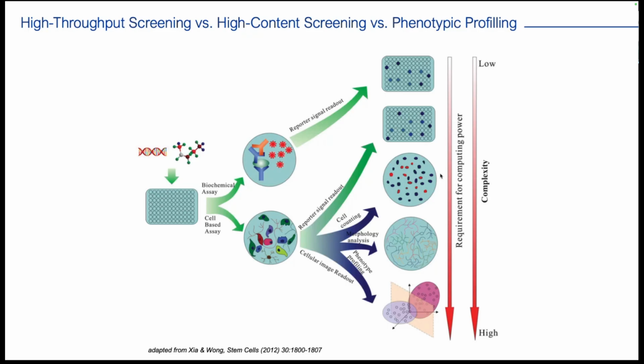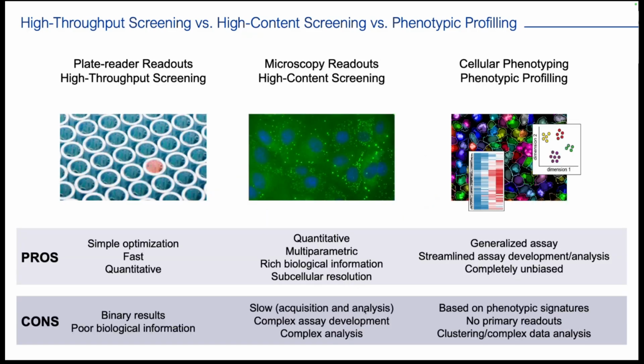That can go from very simple assays run in a plate reader, for example, where we measure viability of the cells or expression of a given reporter, and then they can go to more and more complex readouts, for example, microscopy-based readouts, or even more morphological or phenotypic readouts of the cells, and I will now explore this a little bit more in detail.